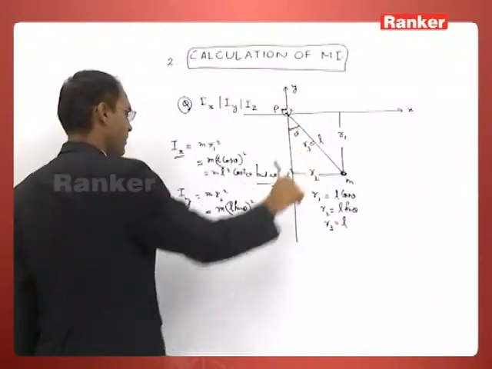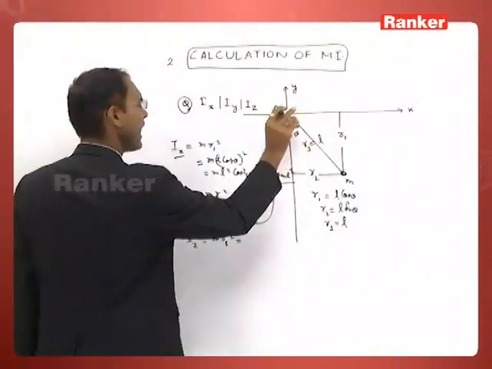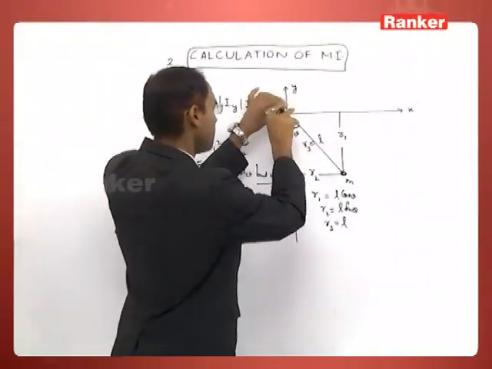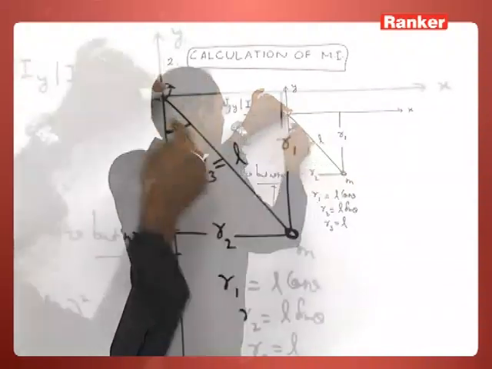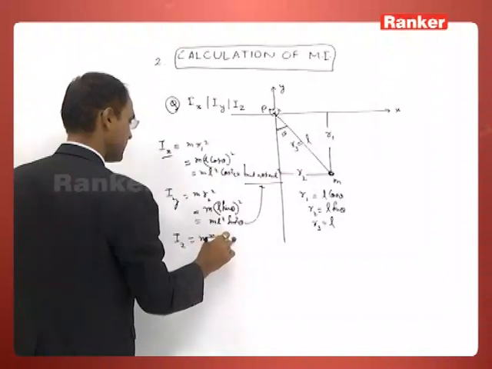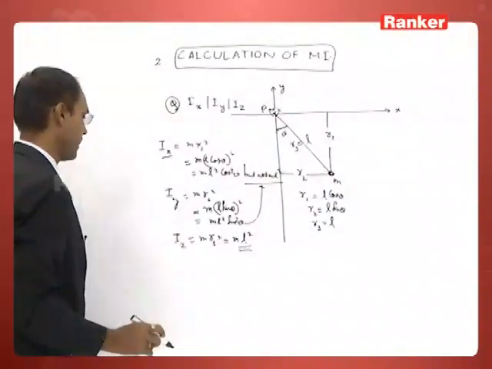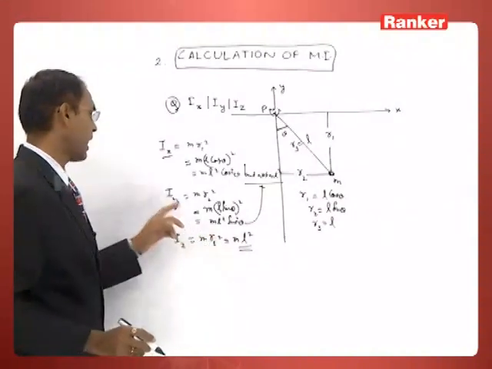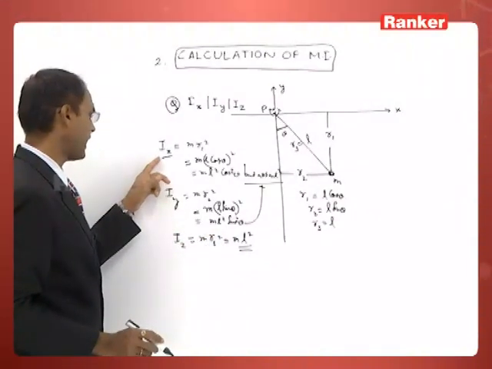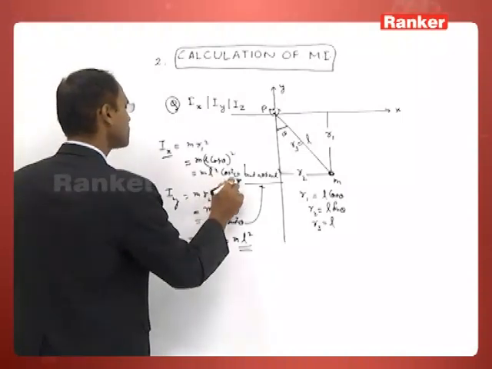Now about z-axis, you take z direction. About the z-axis, the moment of inertia will be equal to m r3. R3 is the perpendicular distance from the axis, that is none other than the length of the string in this case. So R3 is equal to L. In this case, Iz is equal to ml square. Iy and Ix will not be equal to ml square. Ix is ml square into cos square theta.